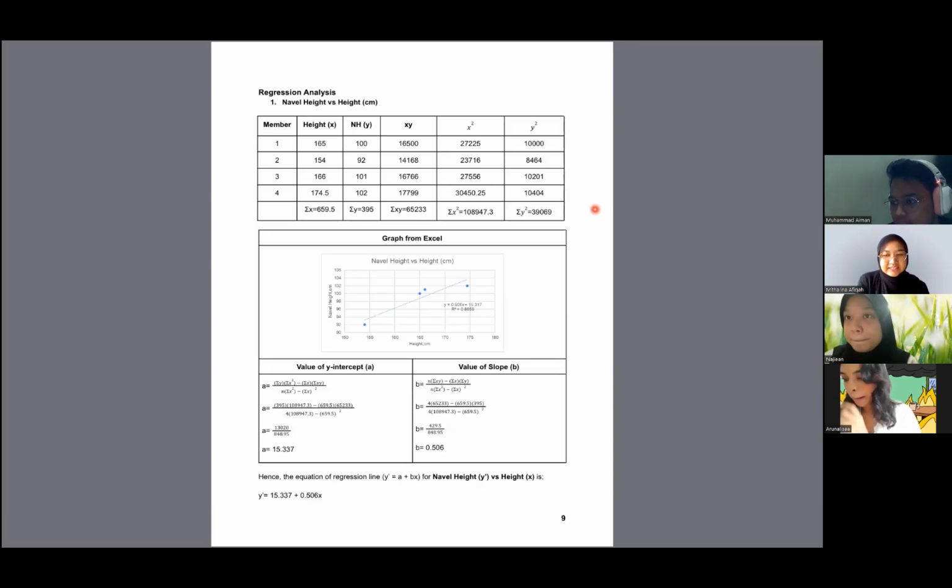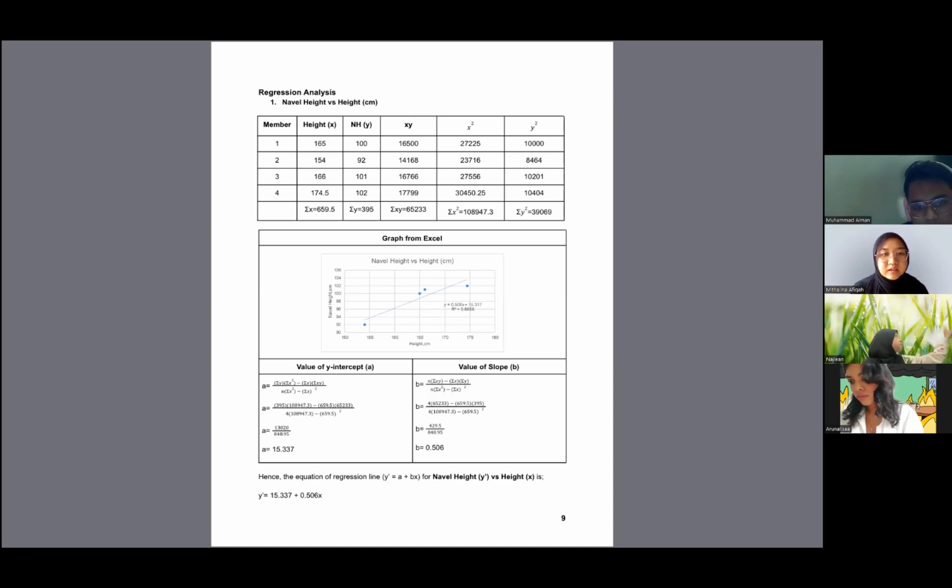For regression analysis, we perform a regression analysis to find the relationship between the dependent variable, which is Y, and our independent variable, which is X. We did a manual calculation using the formula, and we also used Excel to calculate the regression line equation.